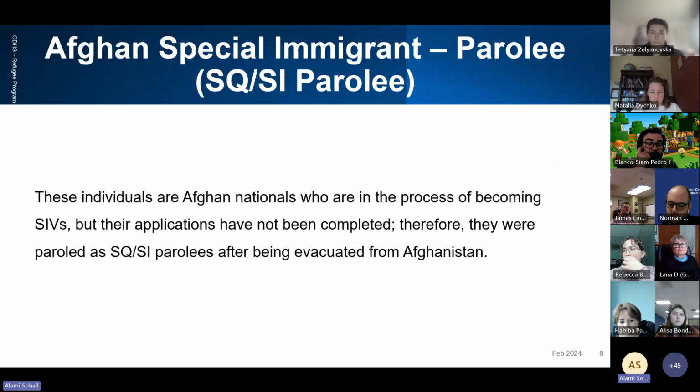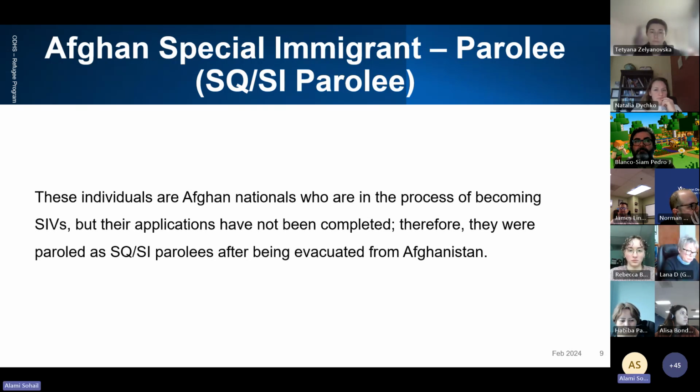I mentioned this briefly when I was talking about SICPRs. This is the SQ/SI parolees. These were individuals who were in the earlier stages of their SIV process, and instead of granting them conditional permanent residence, they were granted parolee status, but they could adjust to an SIV by going through the process and completing it.